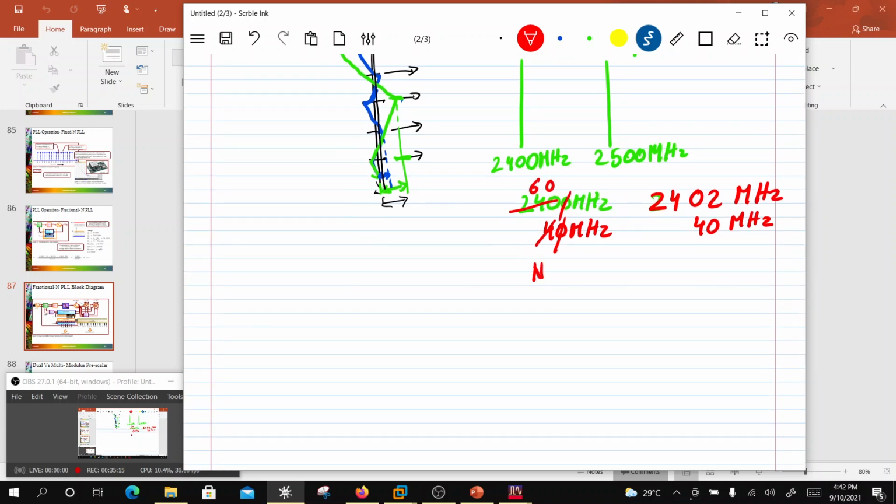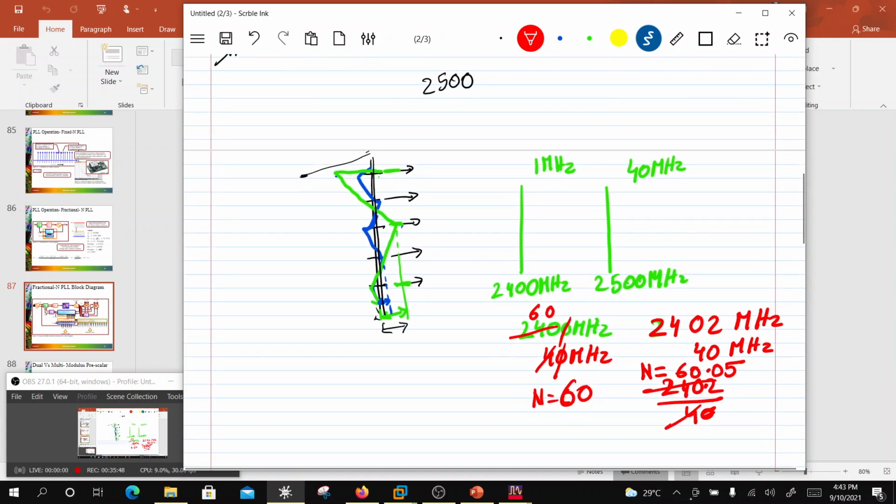While here, if I divide 2402 by 40, that will be 60.05. So the divide ratio here is going to be 60.05.